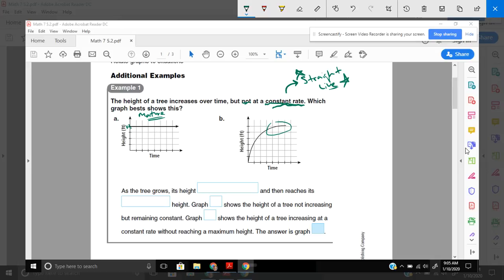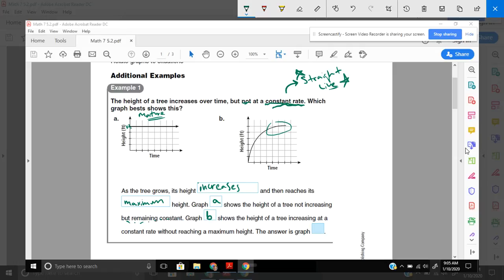As the tree grows, its height increases, and then reaches its maximum height. Graph A shows the height of a tree not increasing, but remaining constant.